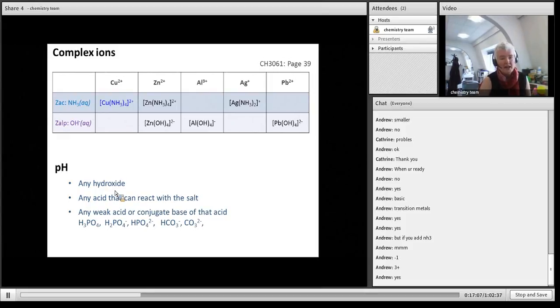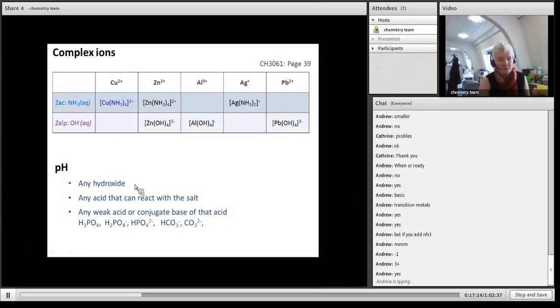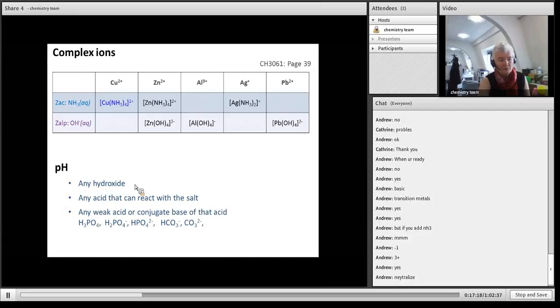And what do you think H plus will do to a hydroxide? It will neutralize it, so it'll react to form water, because H plus plus OH minus makes water, and it means I am removing OH minus, so I am going to be shifting the equilibrium position because I've put a change into the system.